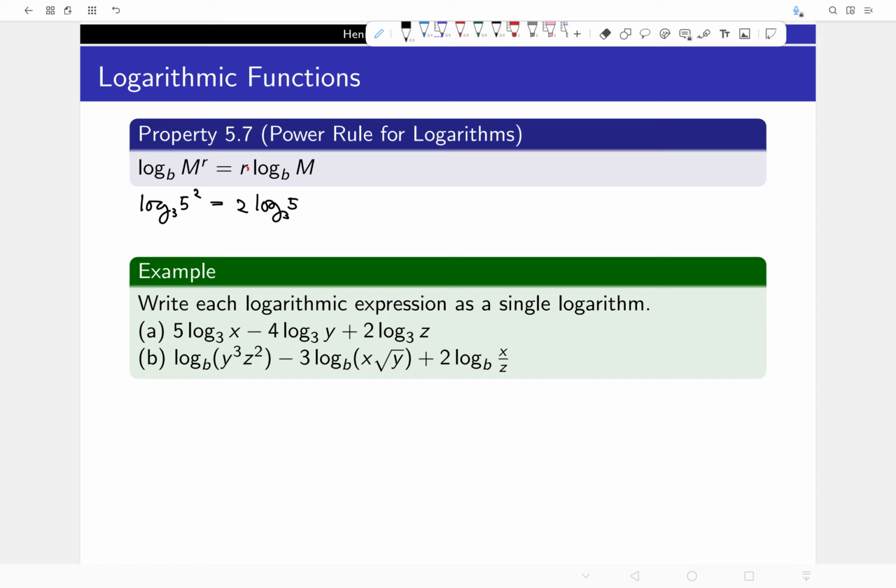So that's the power rule of logarithms. Just pull this exponent out, and what you're left with is this one.